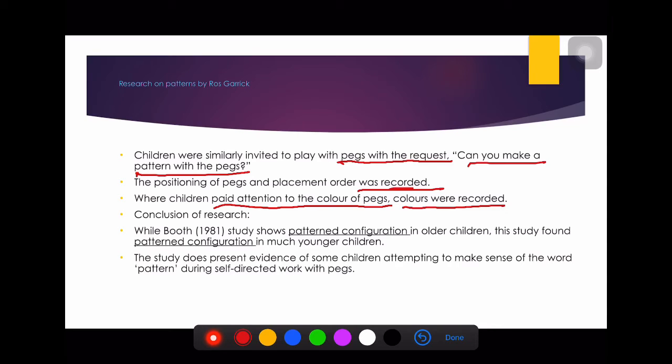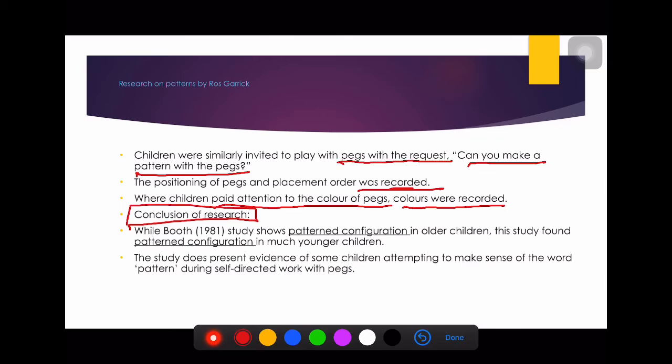So the conclusion of the research done by Ros Garrick is that Booth's 1981 study shows patterned configuration in older children. This study found that pattern configuration is also in much younger children.